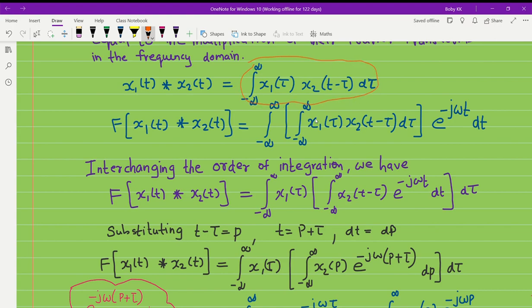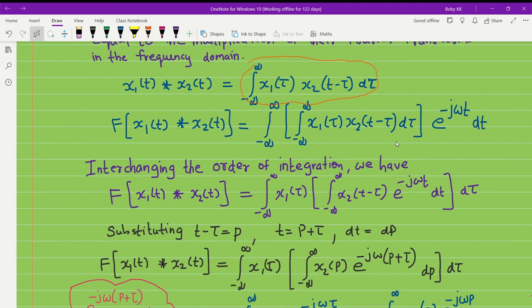So integral minus infinity to infinity, then comes our x of t, that is the integral minus infinity to infinity x1 of tau x2 of t minus tau d tau, into e raised to minus j omega t dt. Now we can change the order of integration on the right hand side.